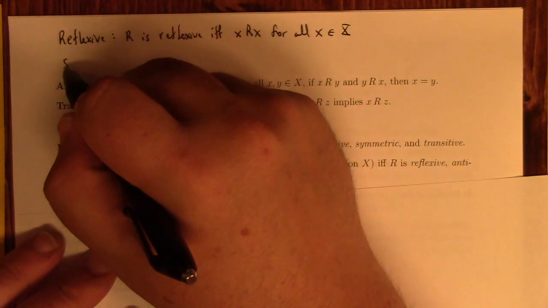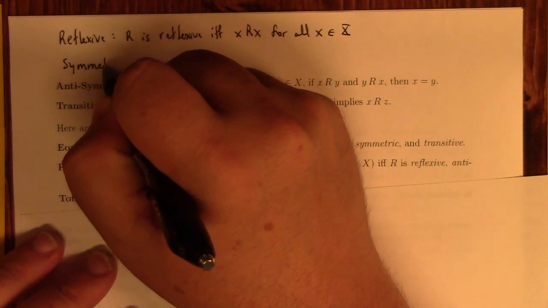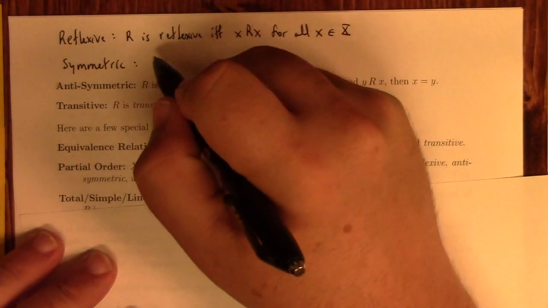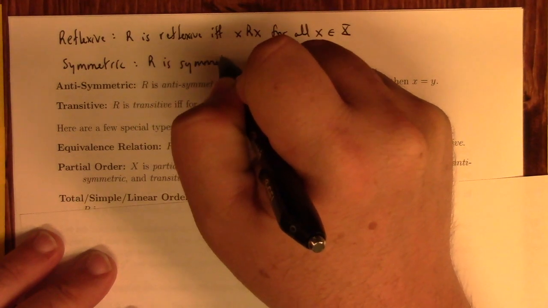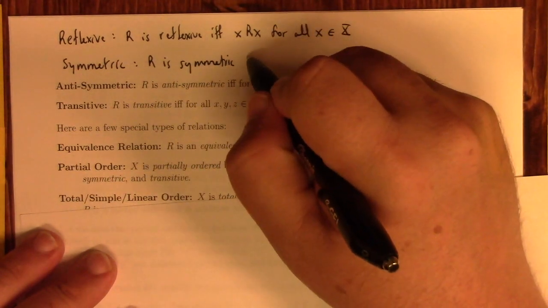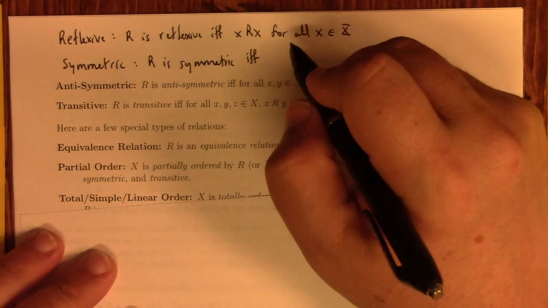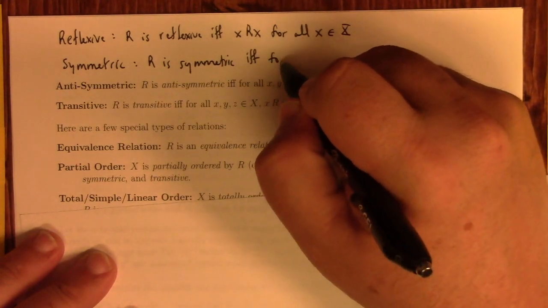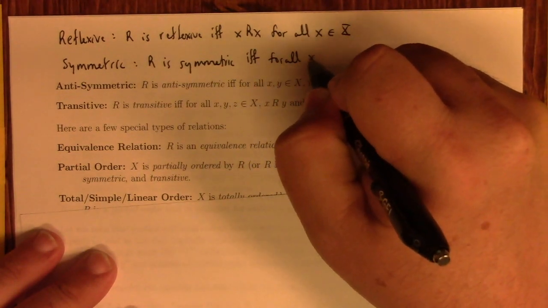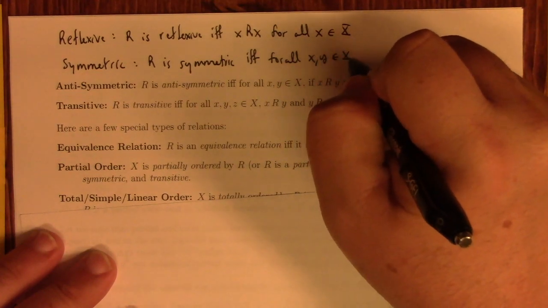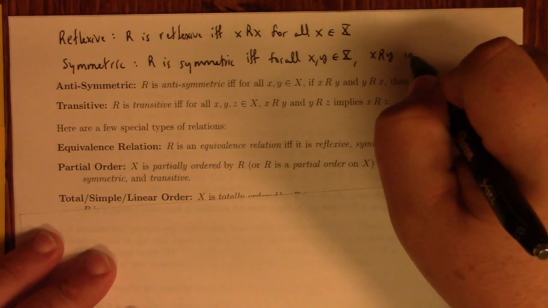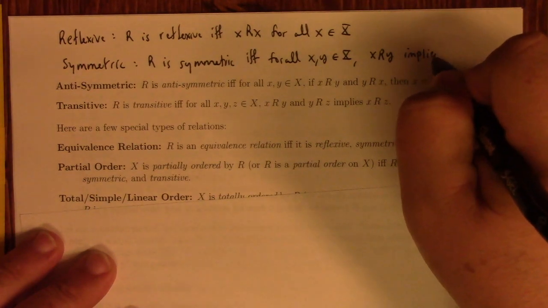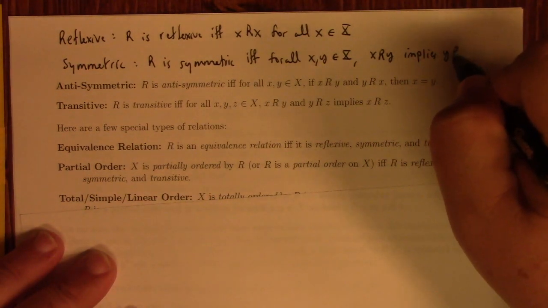It's symmetric. R is symmetric if and only if for all pairs x, y, x related to y implies y is related to x, right?